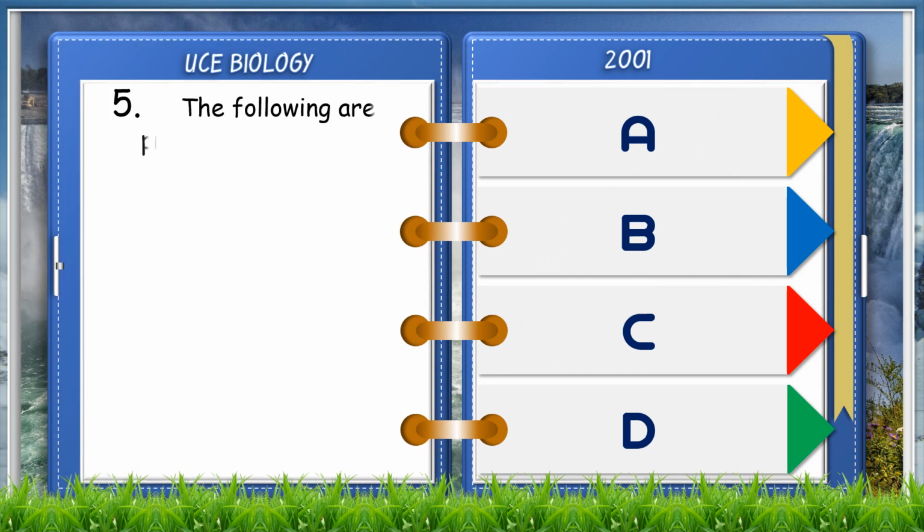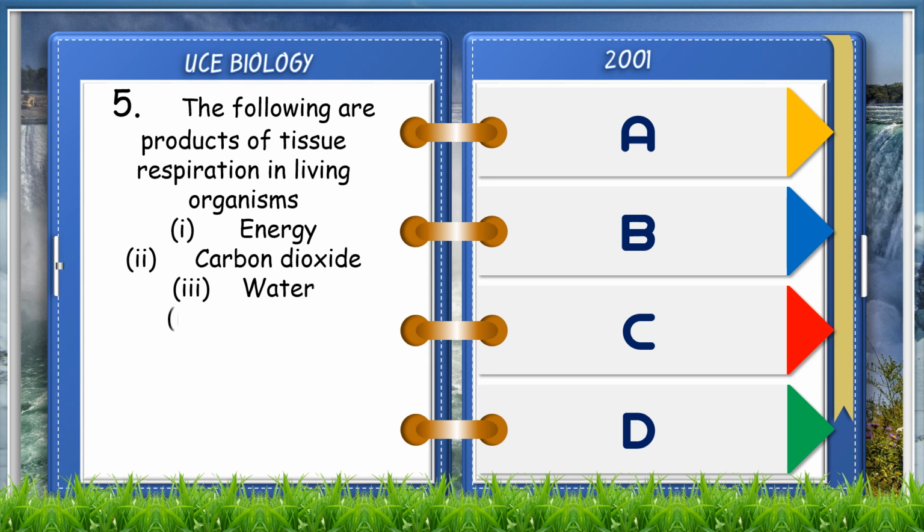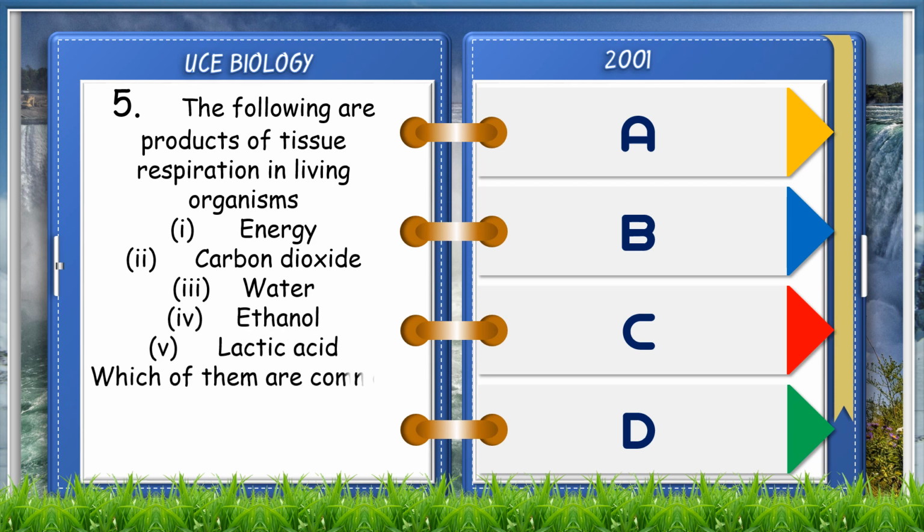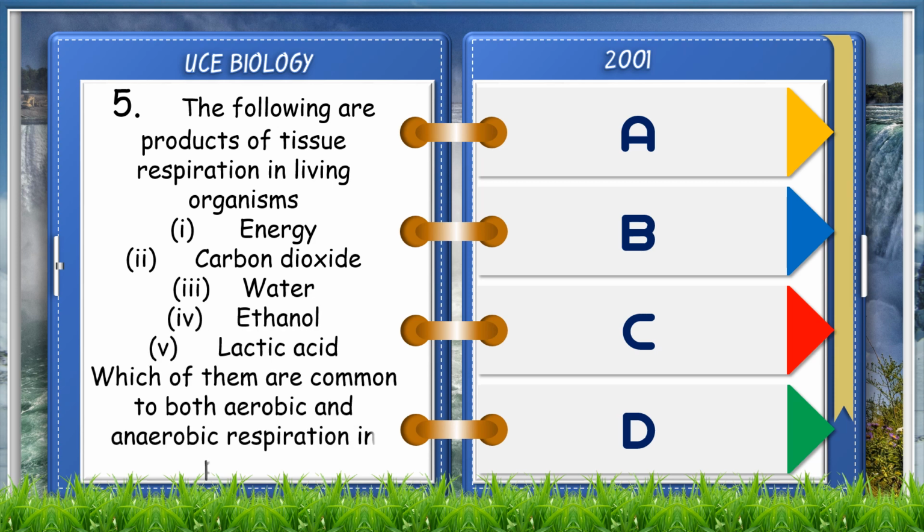The following are products of tissue respiration in living organisms. 1. Energy. 2. Carbon dioxide. 3. Water. 4. Ethanol. And 5. Lactic acid. Which of them are common to both aerobic and anaerobic respiration in plants?